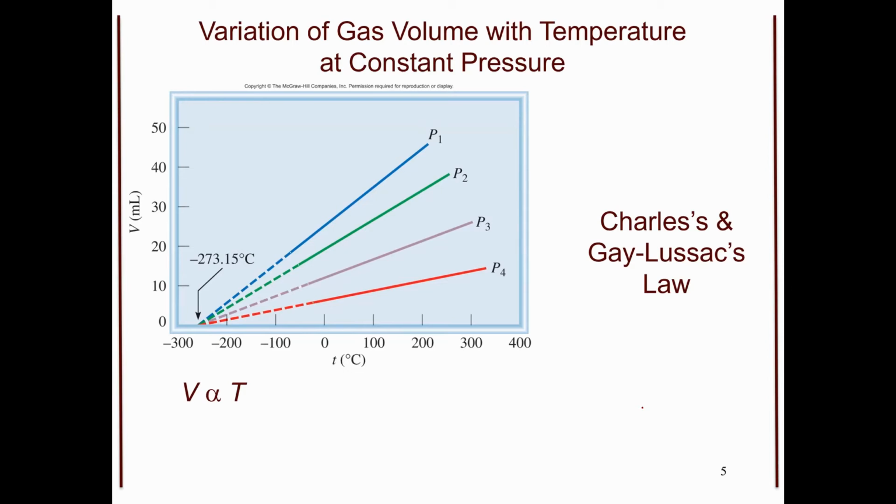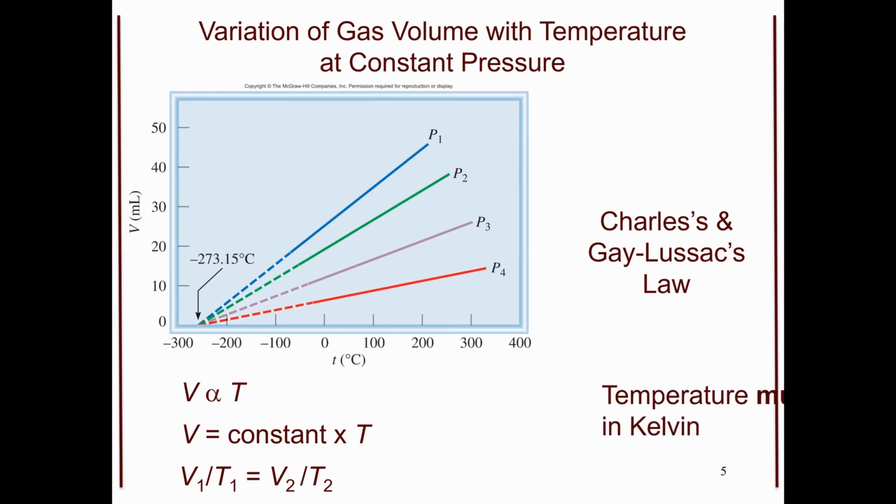But now you can see that as our volume gets bigger, we would expect our temperature to get bigger. So this means that our volume is equal to a constant times our temperature. And because we have this direct proportionality, we get V1 over T1 equals V2 over T2.